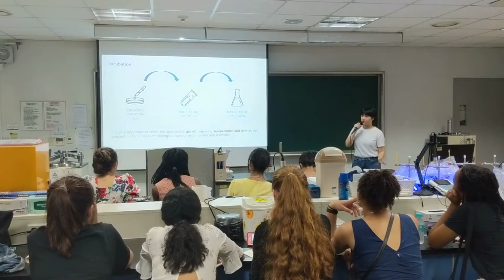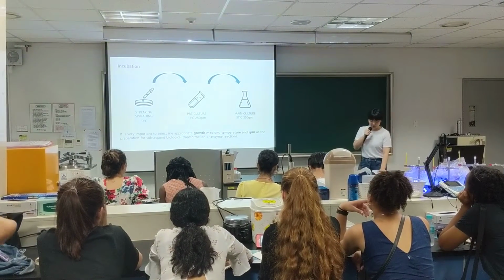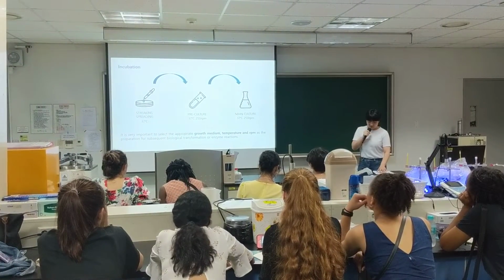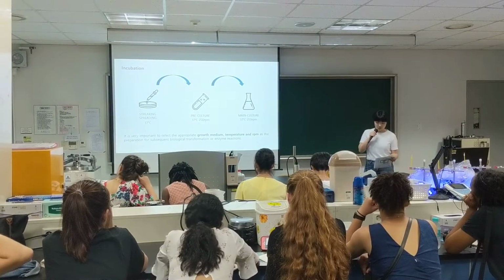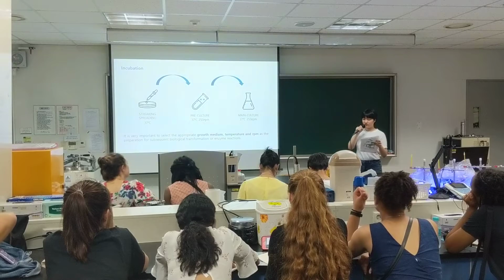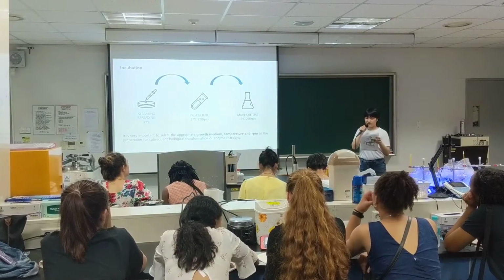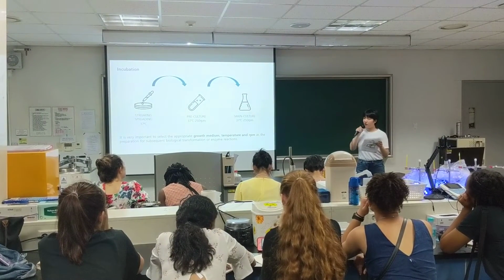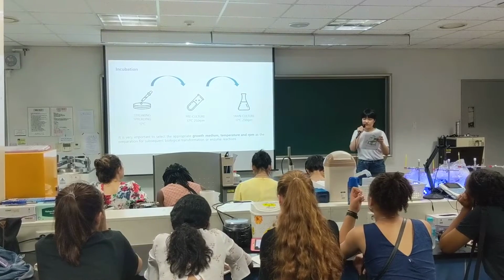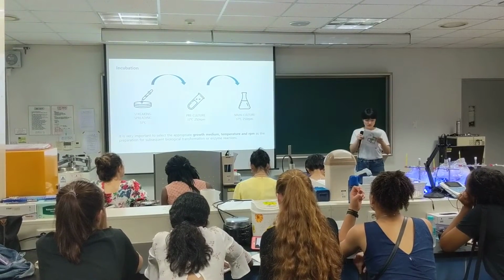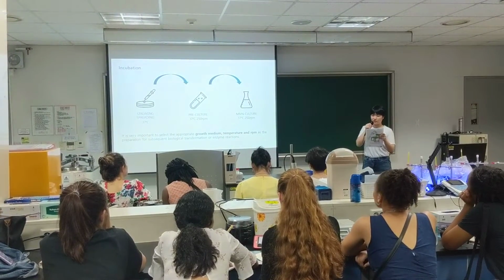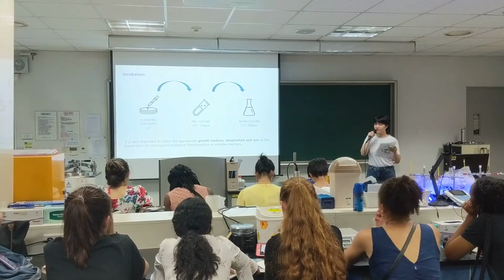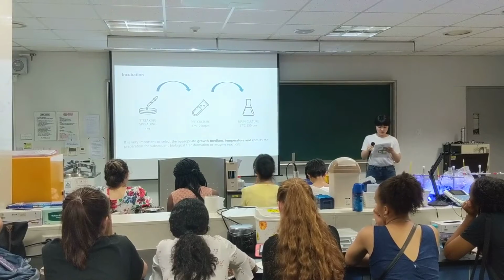Streaking is the method of separating from the various strains to obtain one colony, and spreading is a method used to determine how much bacteria is present in the solid. After this step, it is going to go into the incubator at 37 Celsius overnight.